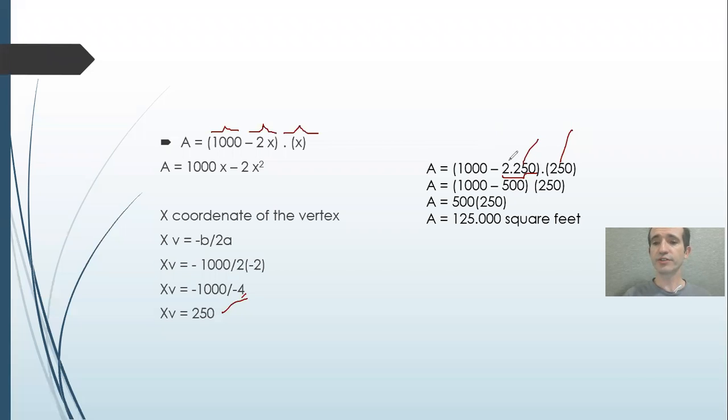We can multiply here: 2 times 250, we get 500, and here we can subtract 1000 minus 500, we get 500, and in the end we multiply 500 times 250, and we get the final value, which is the measure of the maximum area.